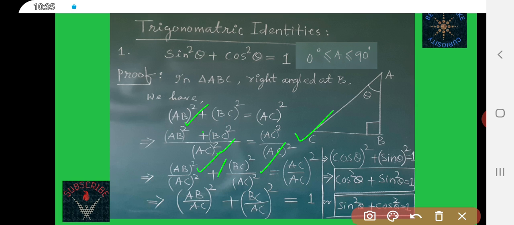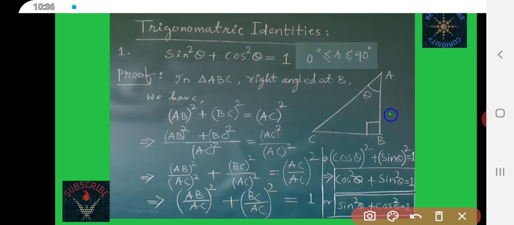Right side AC square by AC square. You know, A square by B square you can write A by B whole square also. So here AB by AC whole square plus BC by AC whole square. Here AC cancel, then you get 1, so 1 square is equal to 1, right side 1.